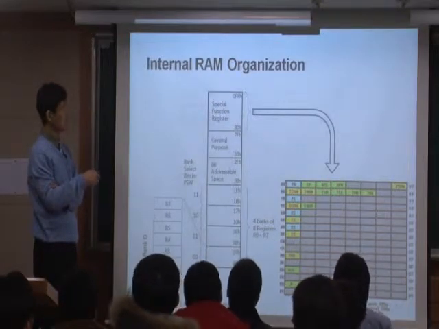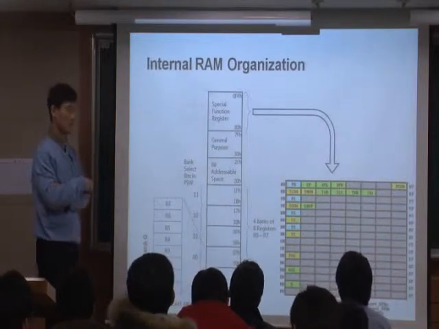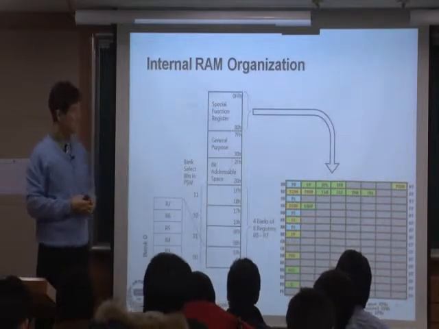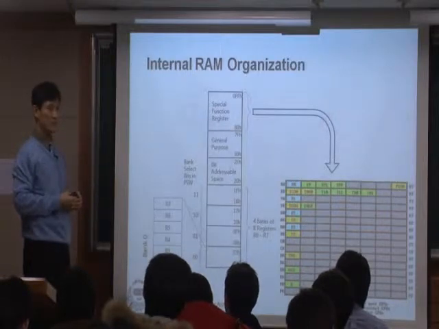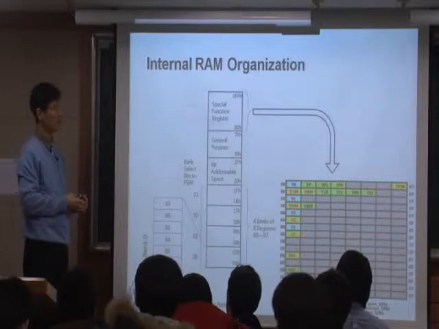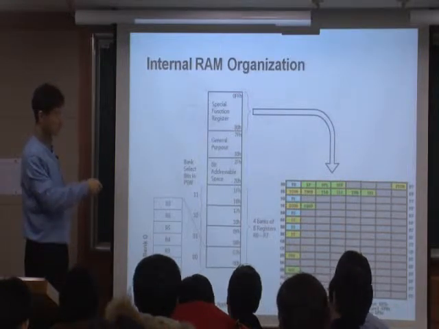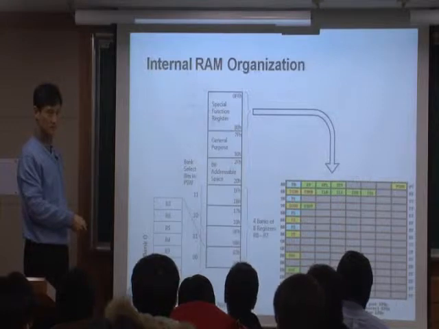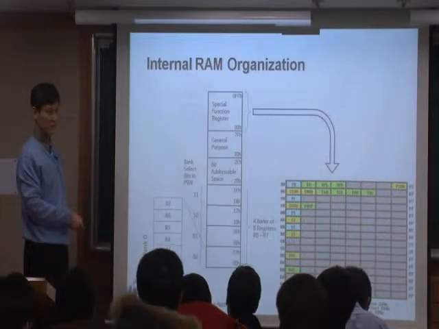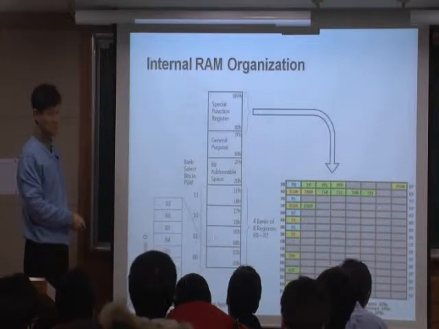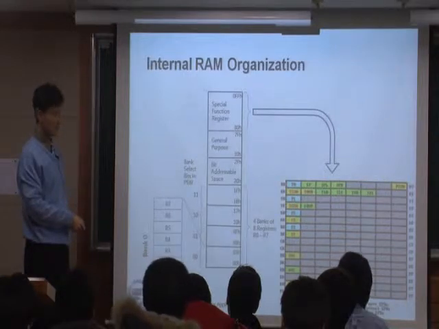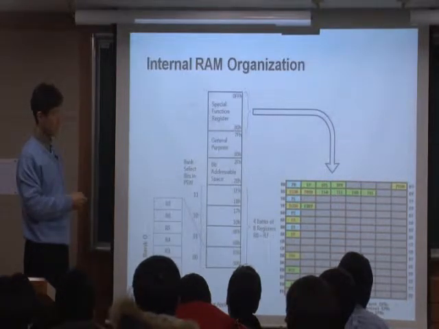This is the organization of internal RAM. In the previous slide, we saw that the internal RAM is 256 bytes. How do you know this is 256 bytes? There's an address here, from 00 to FF.